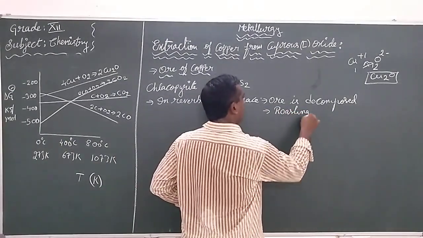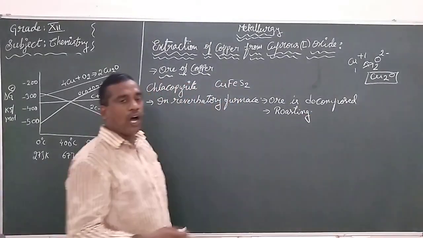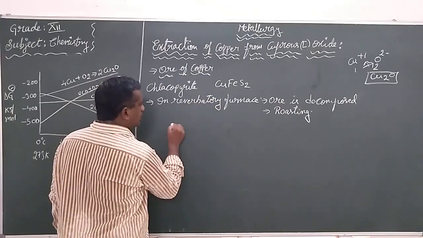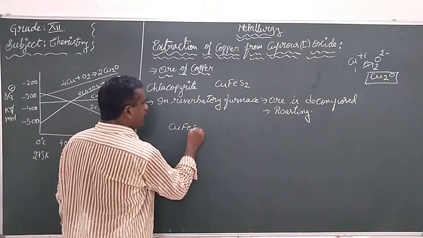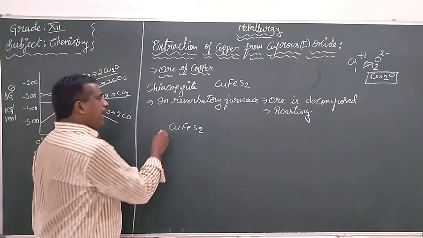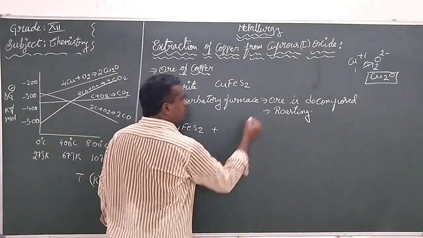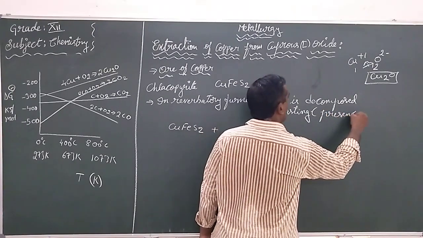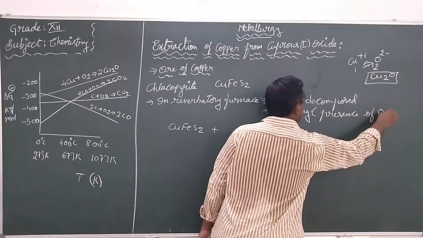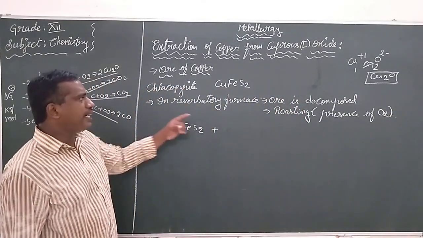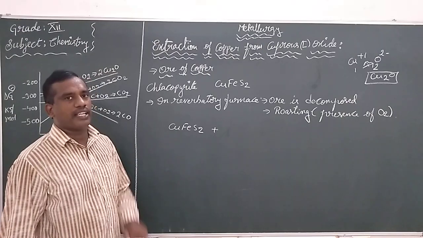By roasting we mean we supply oxygen. CuFeS2, the copper pyrite, is heated. Roasting means heating in the presence of oxygen. We are heating this ore in a reverberatory furnace.